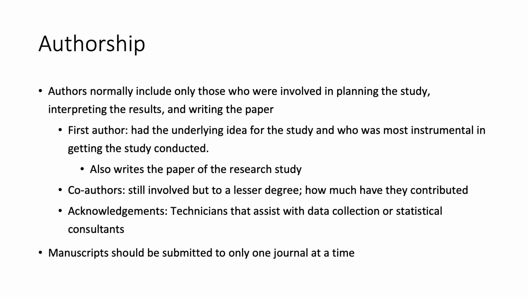While your co-authors, they're still involved in helping you get the study going, with the idea, and helping you collect some data. But this too is to a lesser degree. And they're still helping you write the paper by proofreading it for you after you write it, sending you feedback on making the necessary adjustments of wording, or they may have some paper that they just read to incorporate that might help make your results or your explanation a little bit stronger.